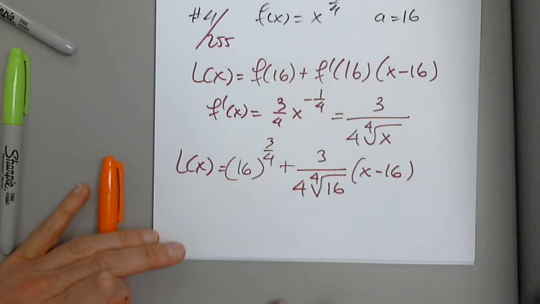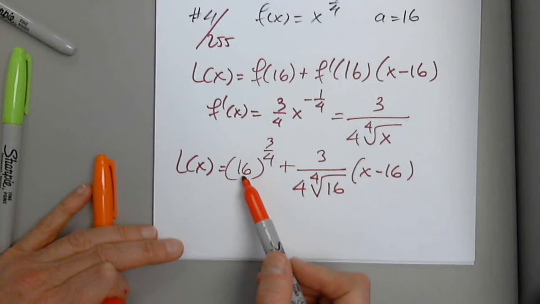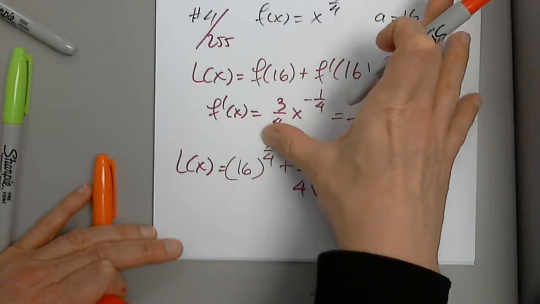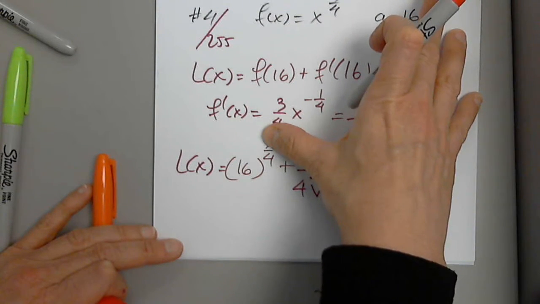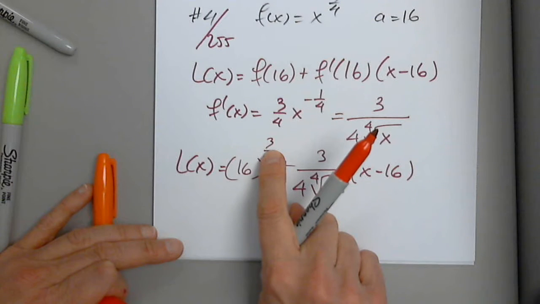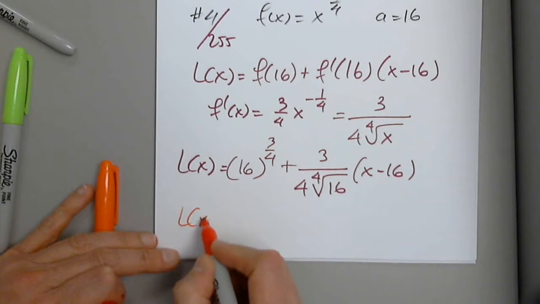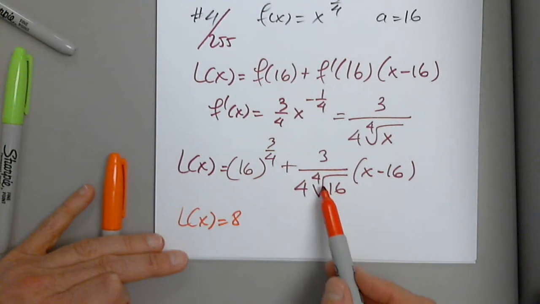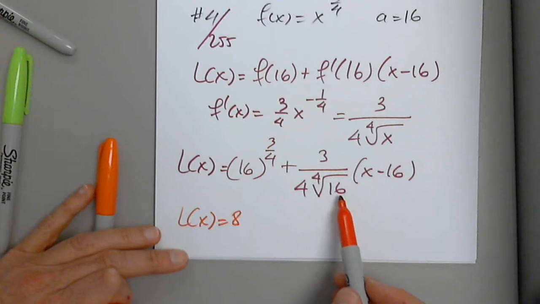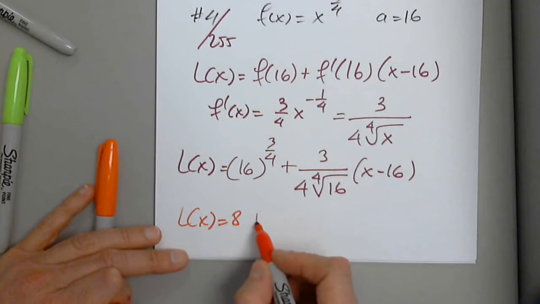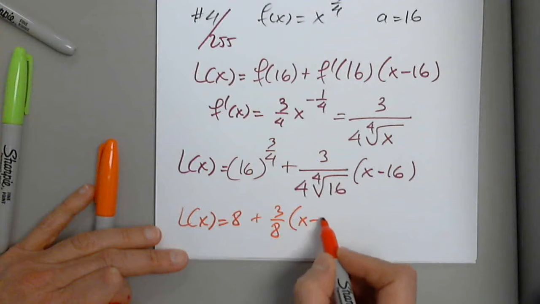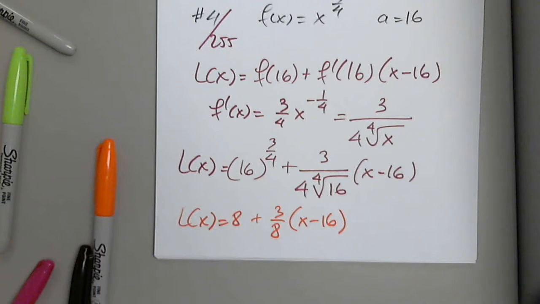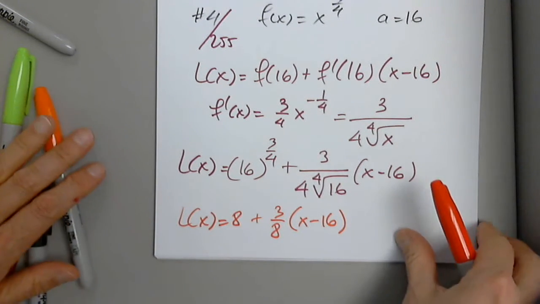Now we have to simplify everything. What is the 4th root of 16? The 4th root of 16 is 2, but now 2 to the 3rd. Very good. So this is 8. How much is the 4th root of 16? 2 times 4. So plus 3 over 8 times x minus 16. 3/8.